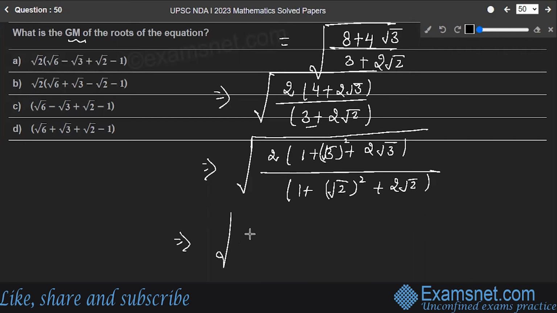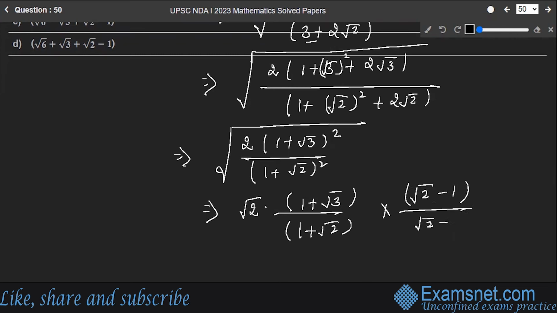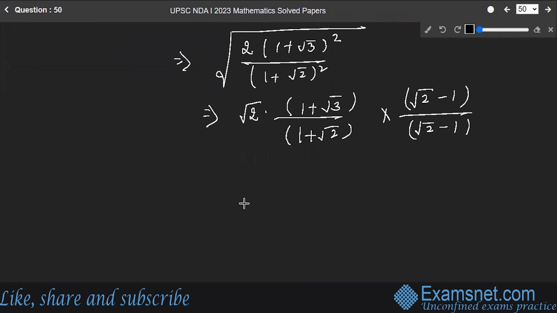Now this makes root of 2. The numerator will become (1 plus root 3) whole square, and the denominator will become (1 plus root 2) whole square. That will give you under root 2 into (1 plus root 3) upon (1 plus root 2). Let's rationalize the denominator. So you will have here, okay, or 1 minus root 2, whatever suits you, that will be okay as well.